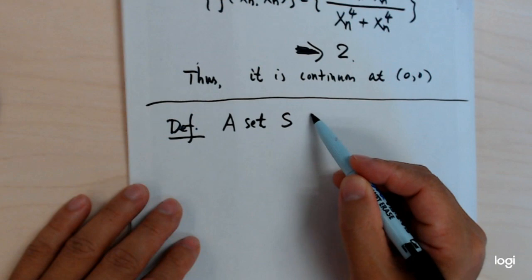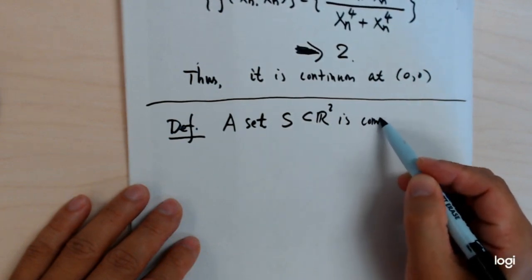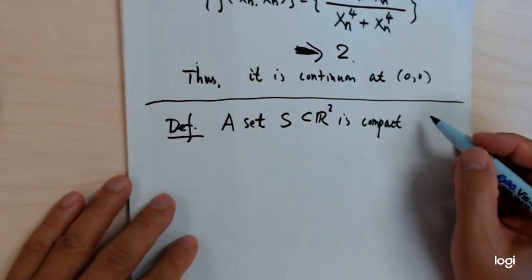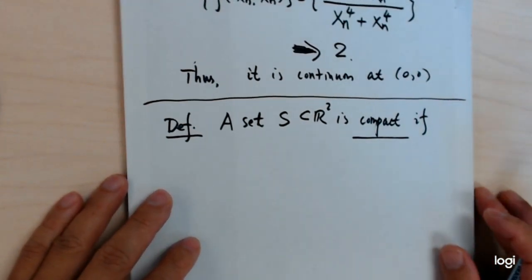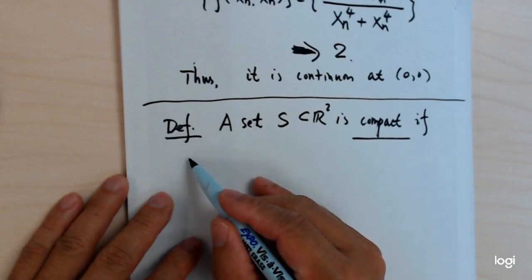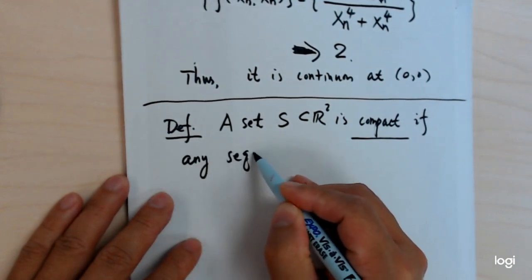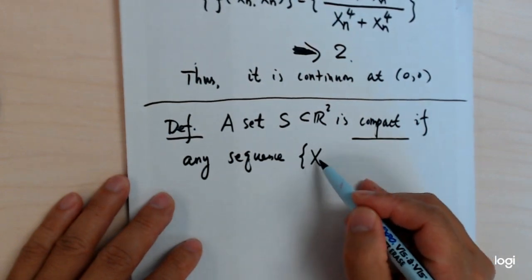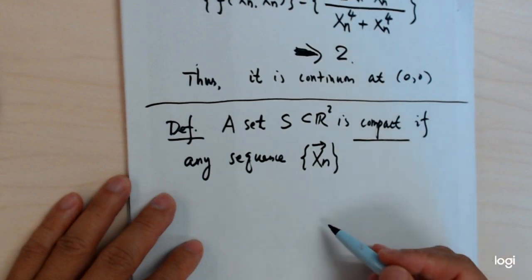A set S is compact if, so this is a general definition of compact set, if any sequence, so we're going to denote this sequence by xn. That's obviously wrong because this is a single number, so we'll put an arrow on top of it.